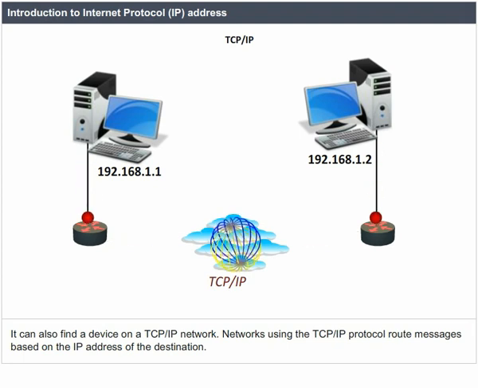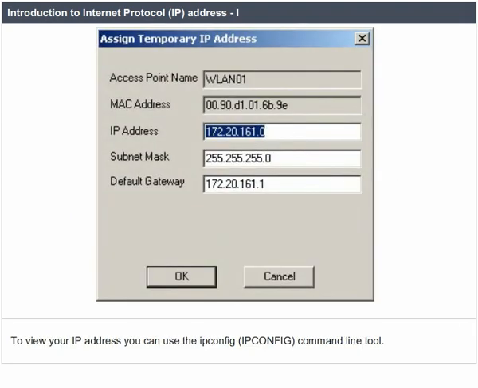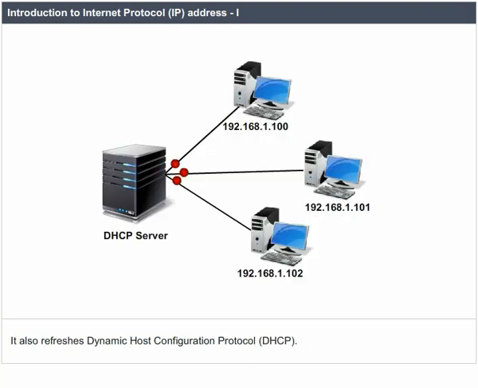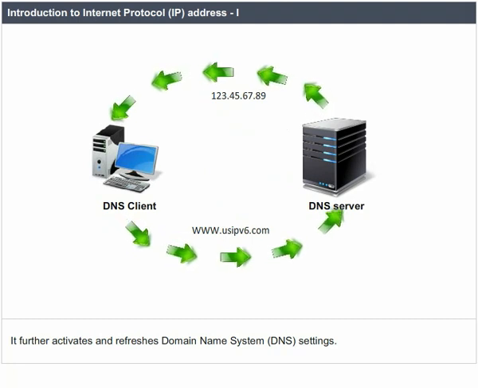To view your IP address, you can use the ipconfig command line tool. ipconfig displays all current TCP/IP network configuration values. It also refreshes Dynamic Host Configuration Protocol (DHCP). It further activates and refreshes Domain Name System (DNS) settings.